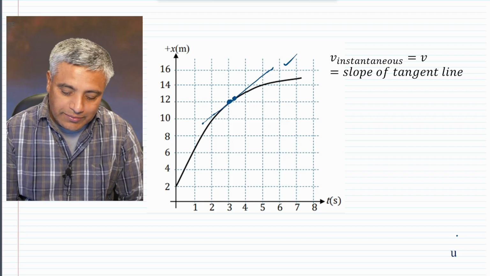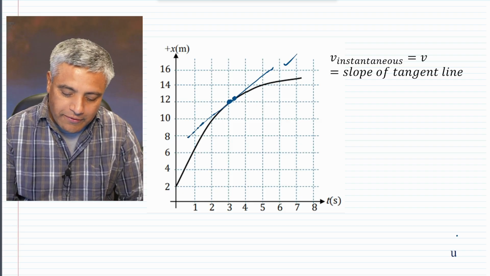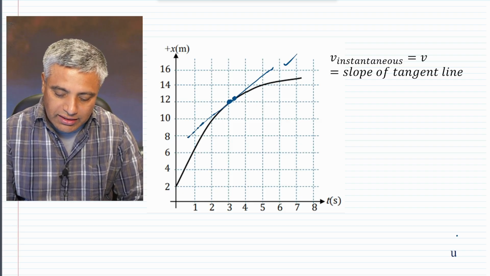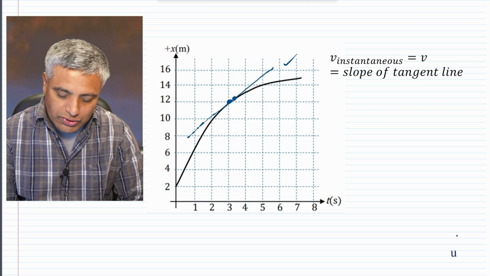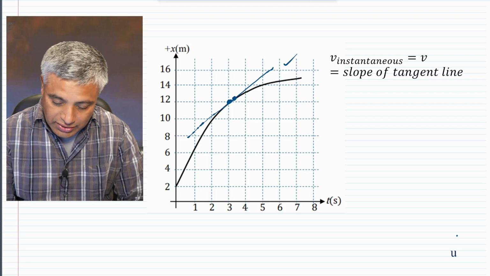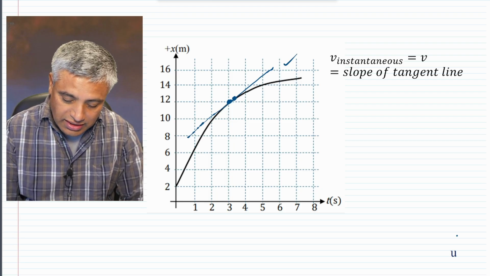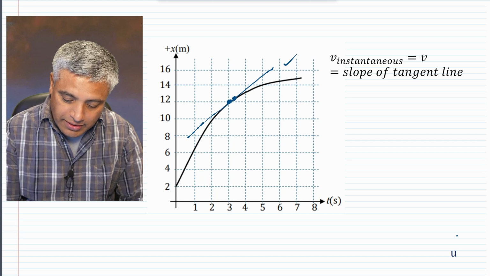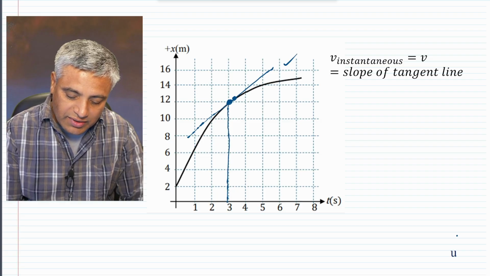So let's figure out the slope. To find the slope, we can choose 2 convenient points. The way I have drawn here looks like there aren't very convenient points. Since the tangent line has to pass through this point, this could be one point that we can easily read.